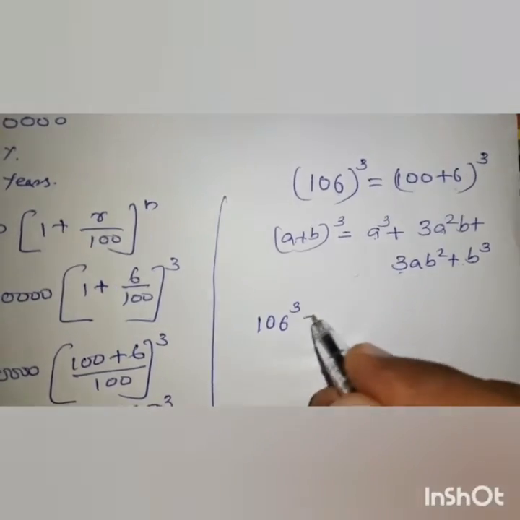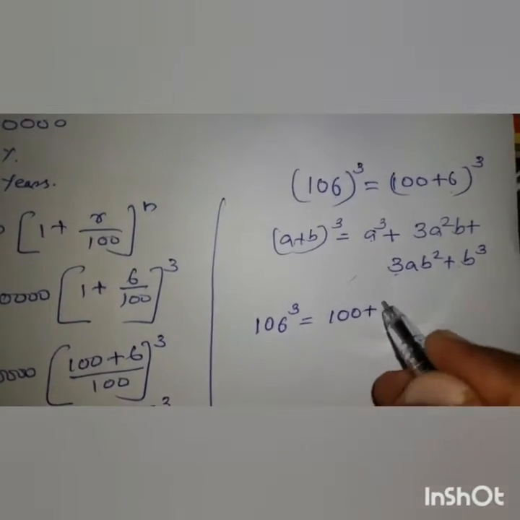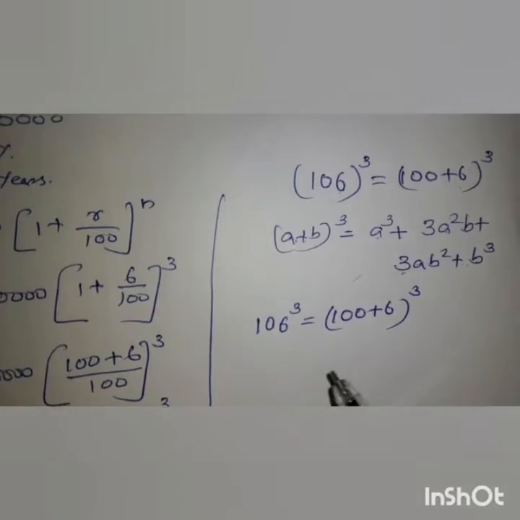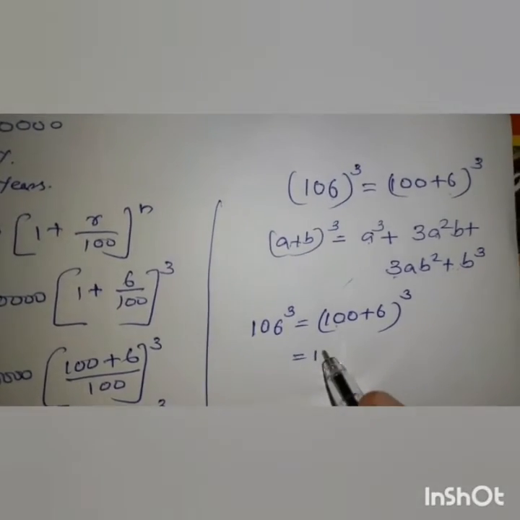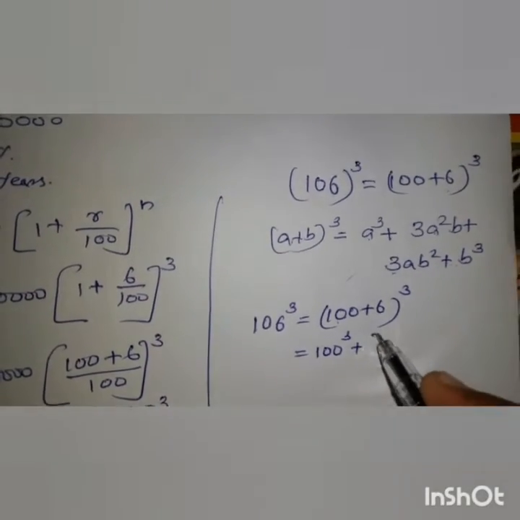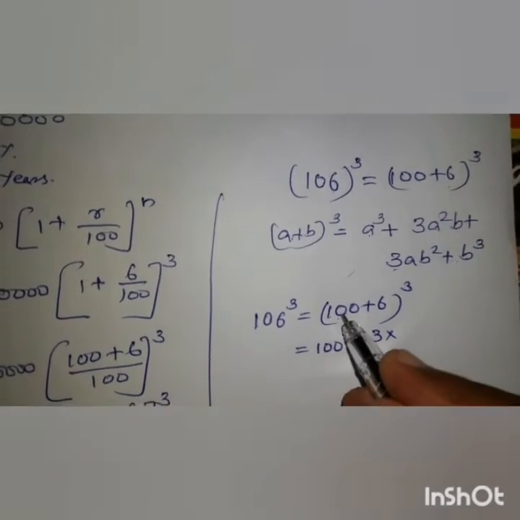106 cube is equal to 100 plus 6 whole cube. That you can write as a cube, which means 100 cube, plus 3 into a square into b.